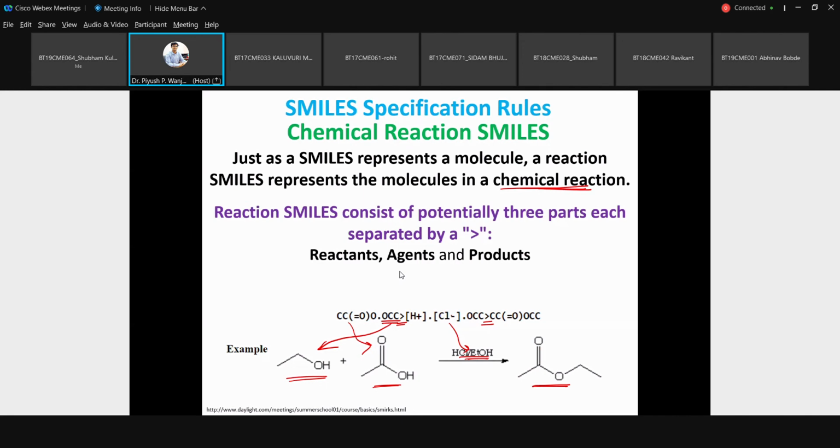Then H plus ion and Cl minus ions are represented for your HCl. For ethanol again OCC has been mentioned, and this particular structure is represented like this. So this is the way of representing a chemical reaction. Also, you are not going to deal with this much. You are mainly going to deal with the particular atoms when you are trying to determine their properties. Okay.